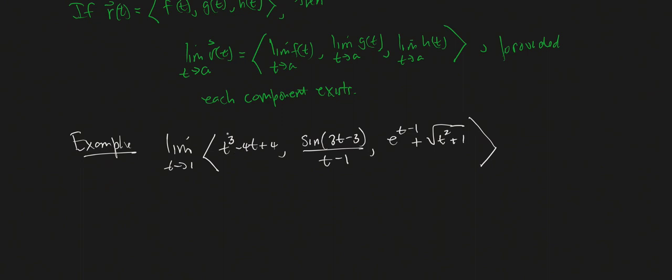So what this property is saying about the limits is that the limit of this vector function is equal to the vector function comprised of these components.